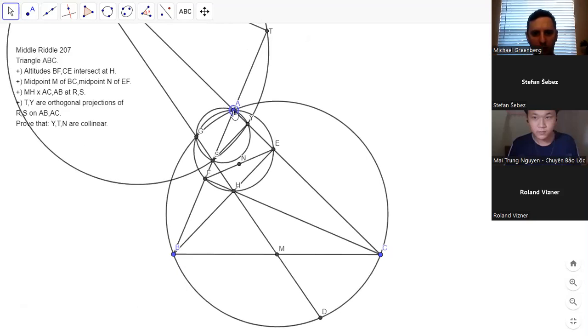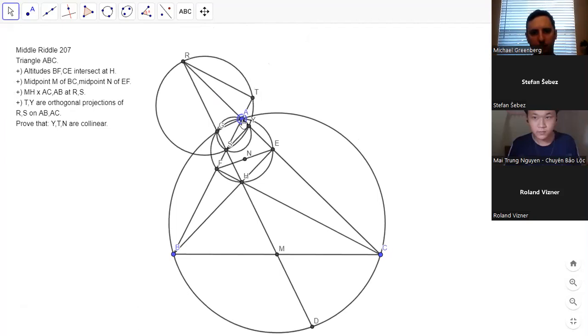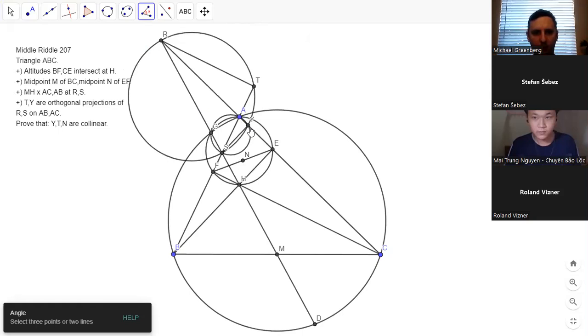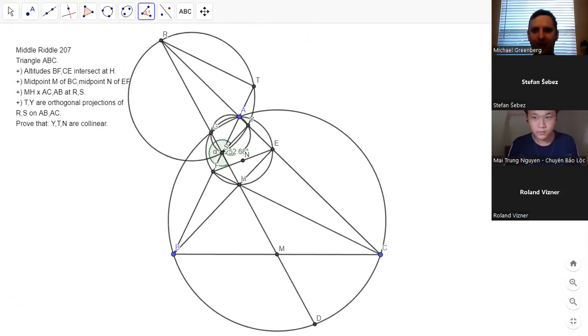Let's see. It doesn't really look like it. Well, maybe. Let me check it. I always get the angle the wrong way. It's counterclockwise. So no, those are not similar.